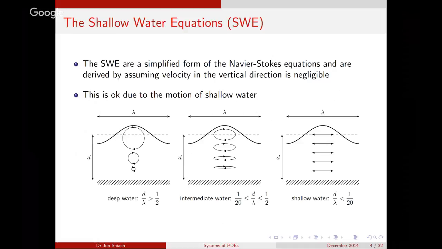What we call intermediate depth water is where the ratio is less than a half, but greater than 1/20, with an elliptical sort of motion. And then in shallow water, the motion is just horizontal, so it just goes left to right. The shallow water equations are only really applicable in this case.